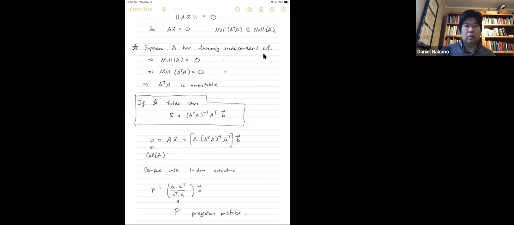Okay, so if you take the null space of A transpose A being 0, remember, A transpose A is going to be a square matrix. So if the null space is equal to 0, that means that the columns are linearly independent, and there are n of them.